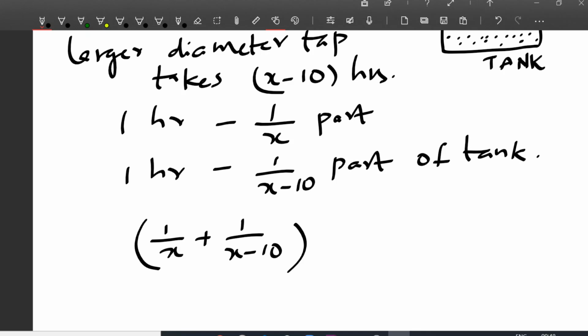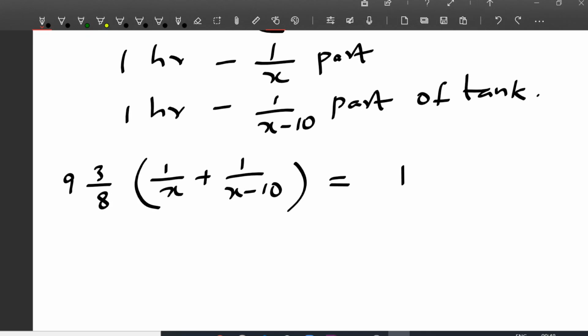And since he is saying when both the taps are being opened in 9 3/8 hours, the whole tank, so this one represents the whole tank is being filled. Okay, so when you convert 9 3/8 to an improper fraction, it will become 75/8.